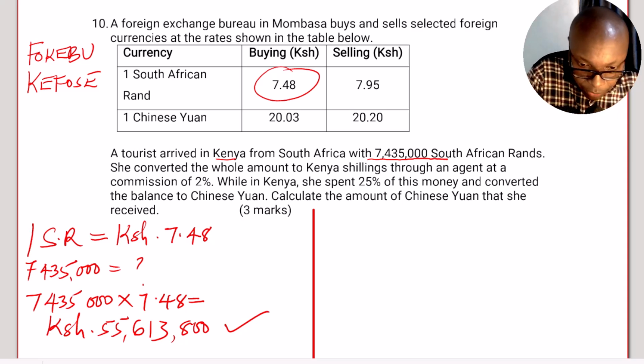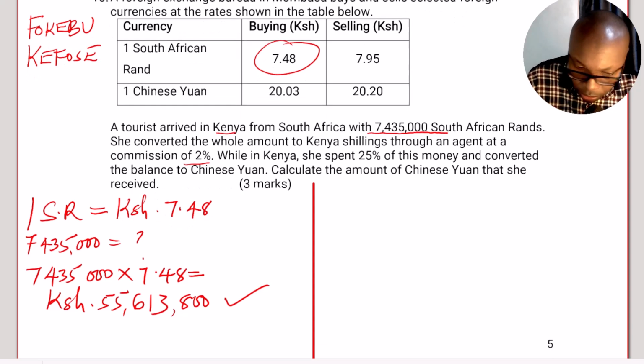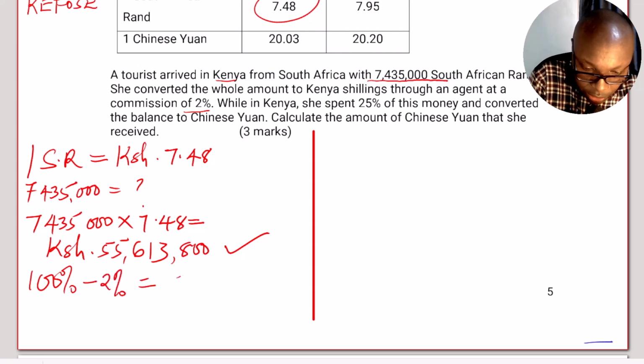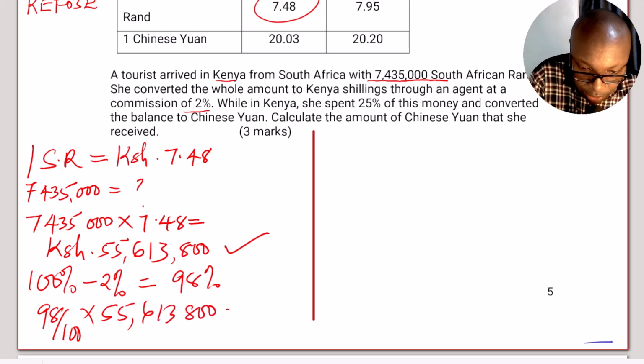Now from there, we're given that she converted the whole amount to Kenyan shillings through an agent at a commission of 2%. So meaning she did not receive the whole of this amount. There was a commission of 2%. So meaning that she never received 100% of that money. There was this deduction of 2%, and what she remained with was 98% of this money. So we get 98 of 100 of this money, that is 55,613,800.